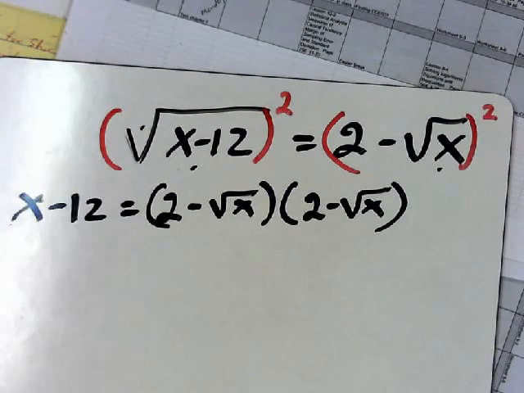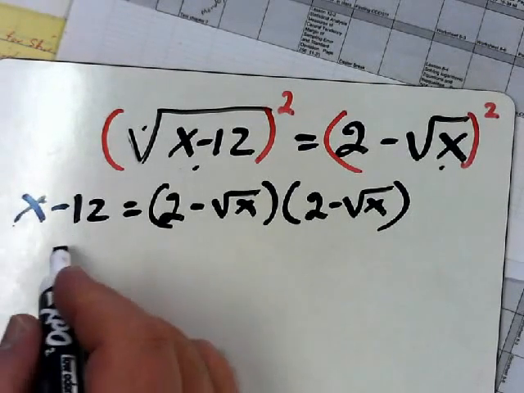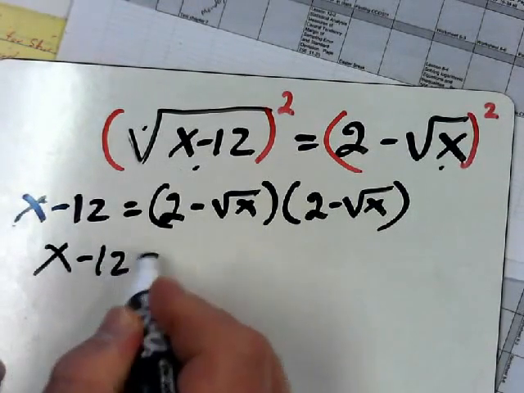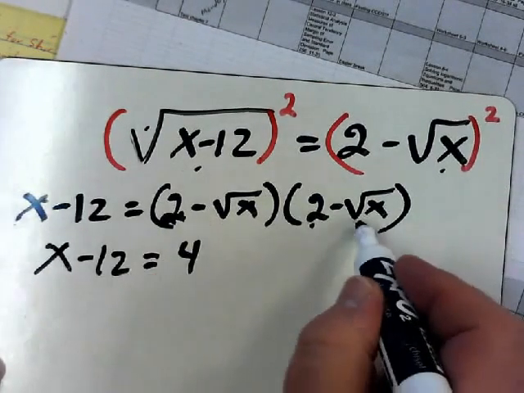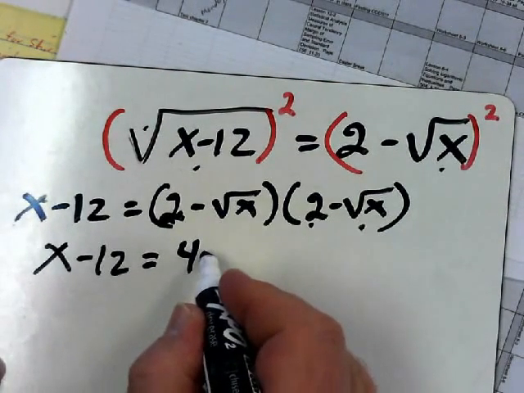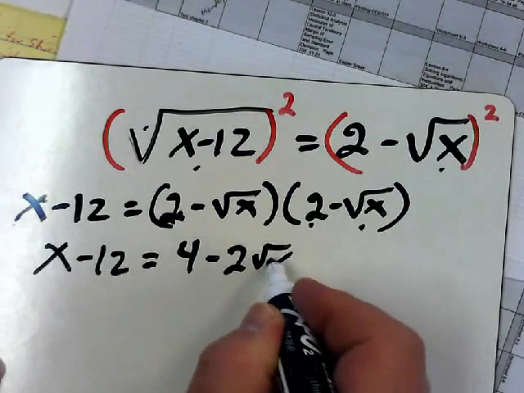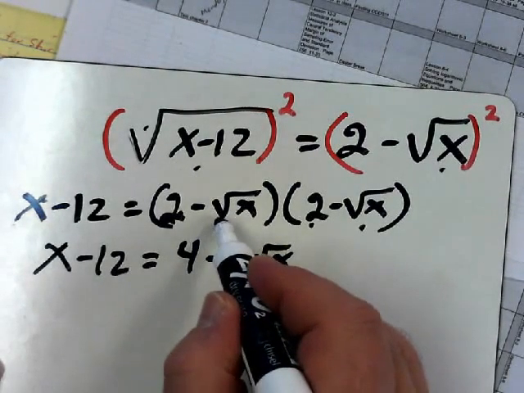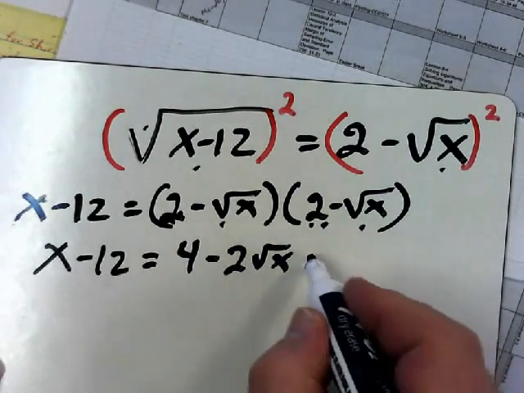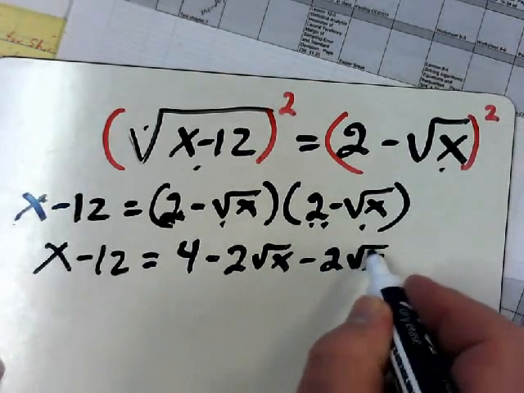Which means, what method am I going to use? FOIL method. So 2 times 2 is 4. 2 times the negative of the square root of x is a negative 2, the square root of x. A negative the square root of x times 2 is a negative 2, the square root of x.